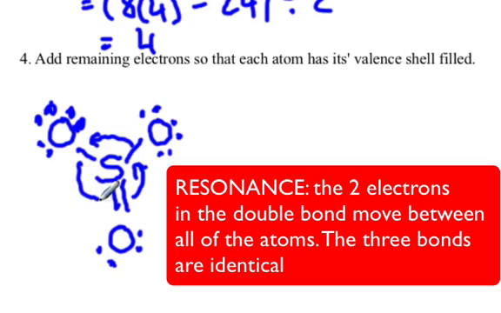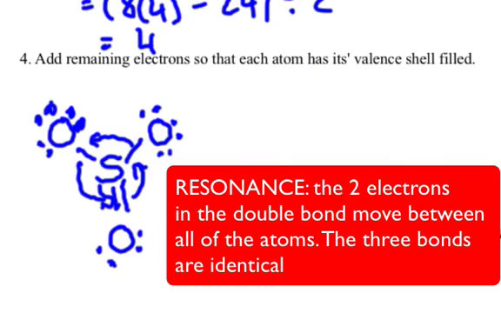So as the double bond shifts around, that's called resonance, and this shared pair of electrons, the double bond, moves around and is not locked between the sulfur and one of the oxygens.